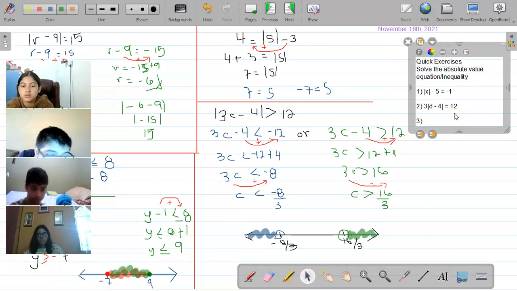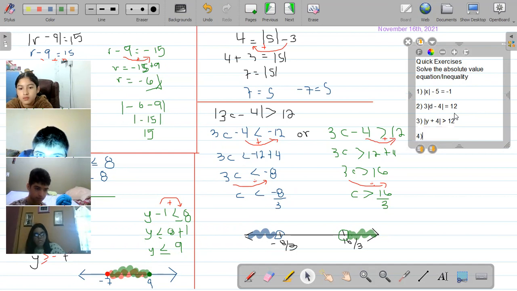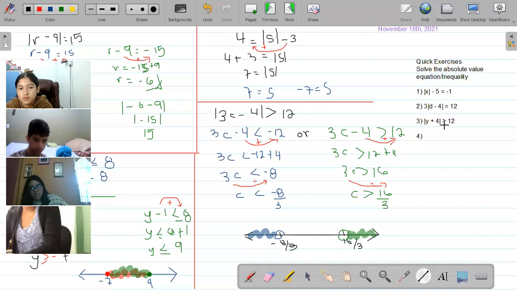And we are going to have absolute value of y plus 4, close absolute value, greater than 12. And the fourth one, greater than or equal, okay? This is greater than or equal.